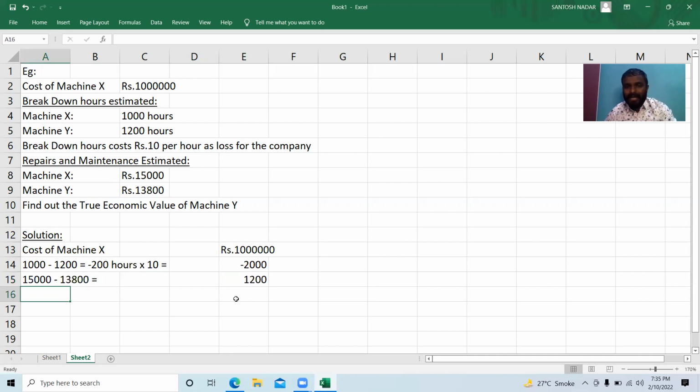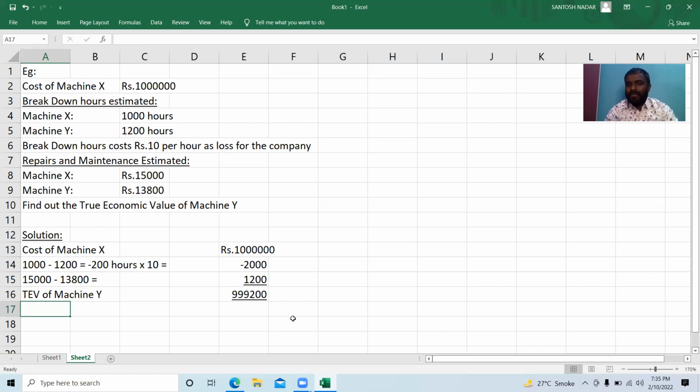Now the resultant answer is 10 lakhs minus 2,000 plus 1,200. The price that I get is 9,99,200, which is nothing but the true economic value of machine Y. So I'm going to set my price at 9,99,200.